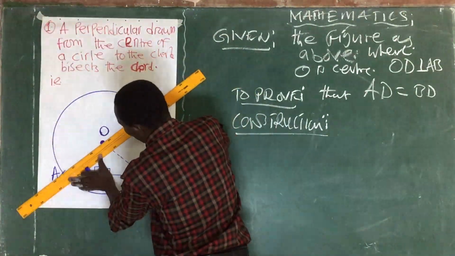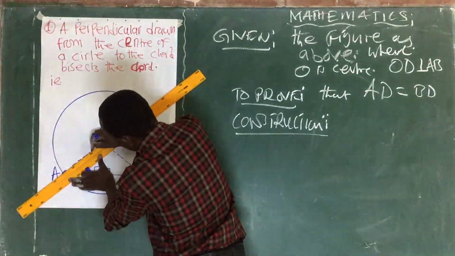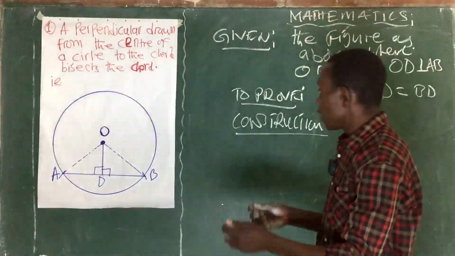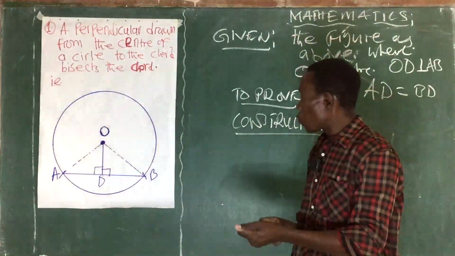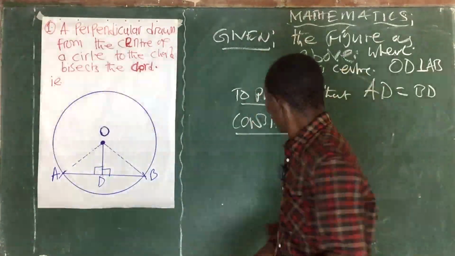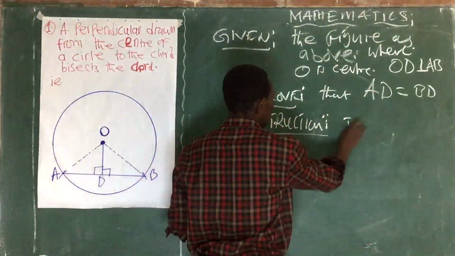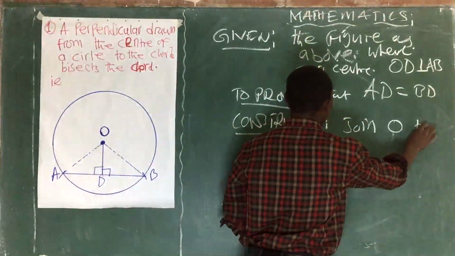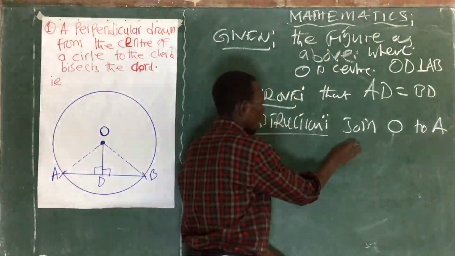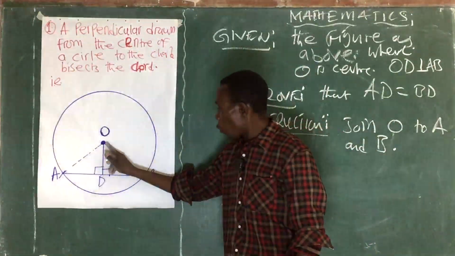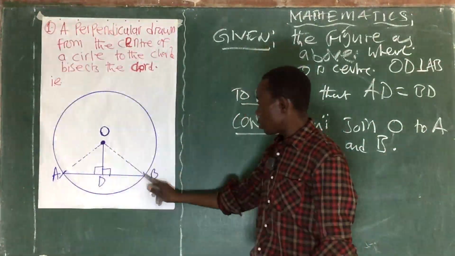And again here, I'll have something like this. Right. So the resultant figure contains 3 triangles, out of which 2 are right angled. Right, so here what you do is join O to A and O to B.